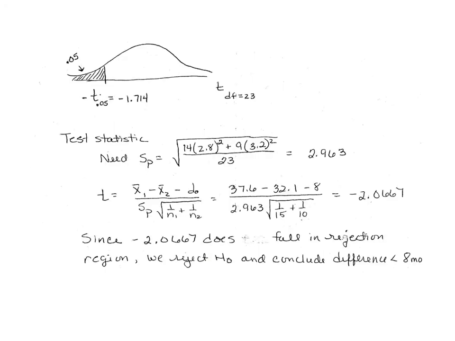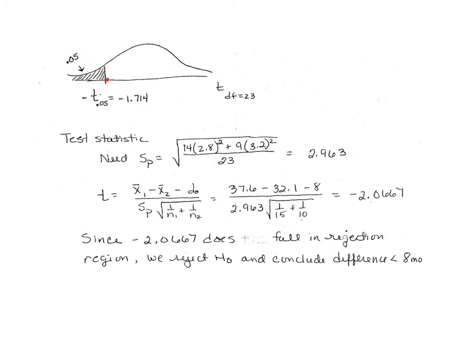Since our alternative hypothesis is that mu1 minus mu2 is less than 8, we're looking at a left tail. So here's our t-distribution with 23 degrees of freedom. We are looking at a left tail area of 0.05, since our alpha is 0.05.